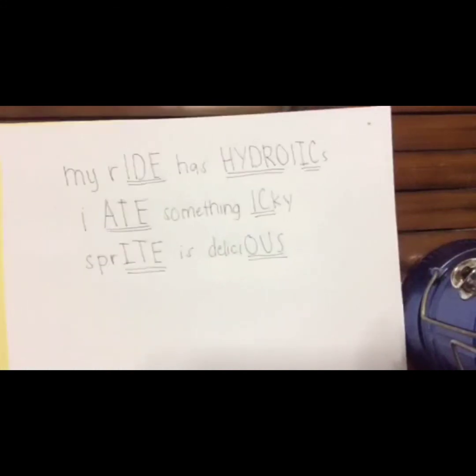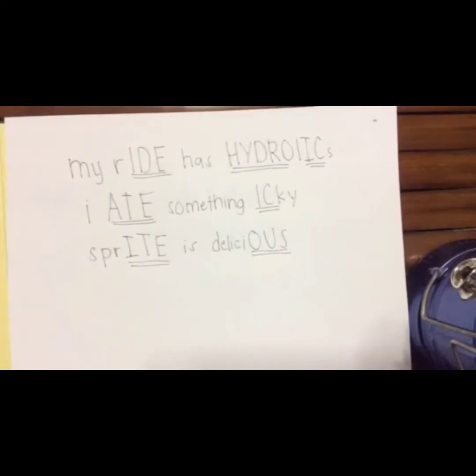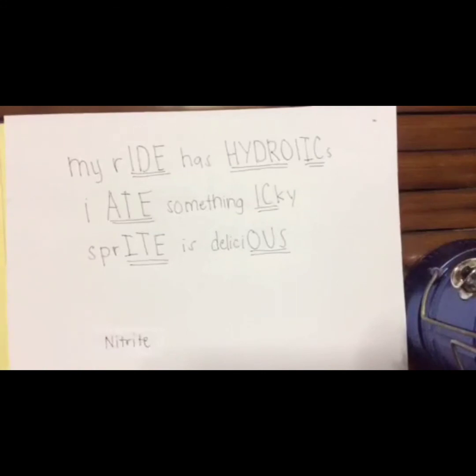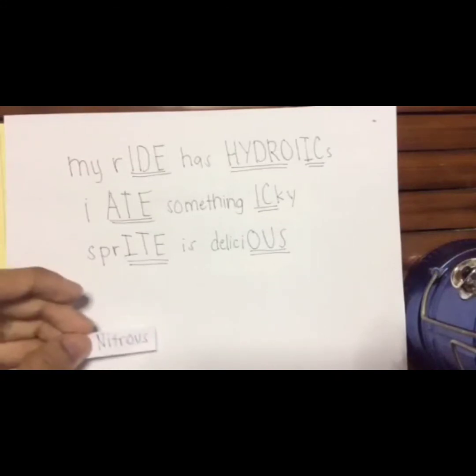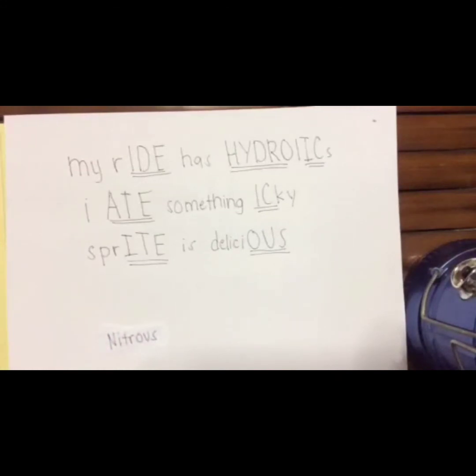The last line is, Sprite is delicious. Another example is nitrite. Replace ITE with OUS, and it will become nitrous. All we need to do is to remember this pattern, and we can name acids easily.